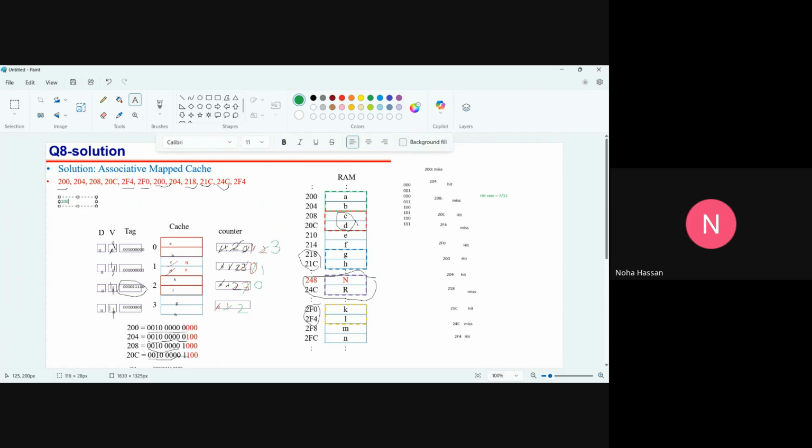So for next round, 200 will be a hit. Okay, but in this case, you see, 200 lies in this block, and its counter in the previous round was 3. So this has to be reset into 0. Okay, and then I have to increment the other counters and then go from there and continue and continue.